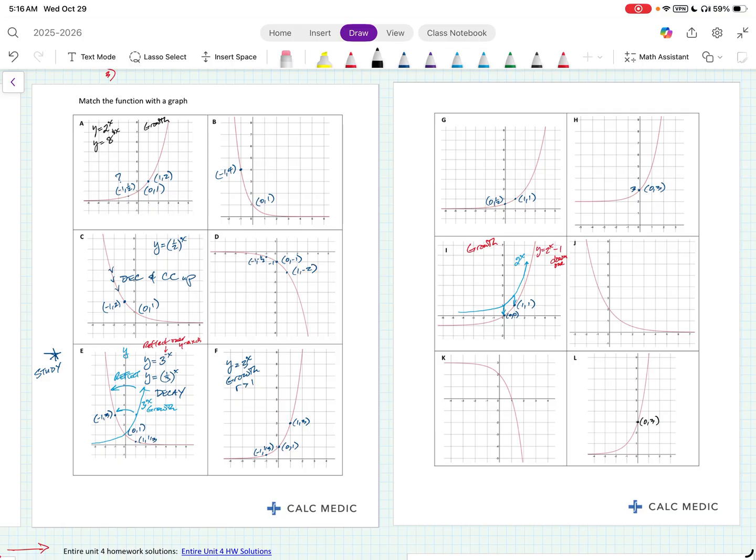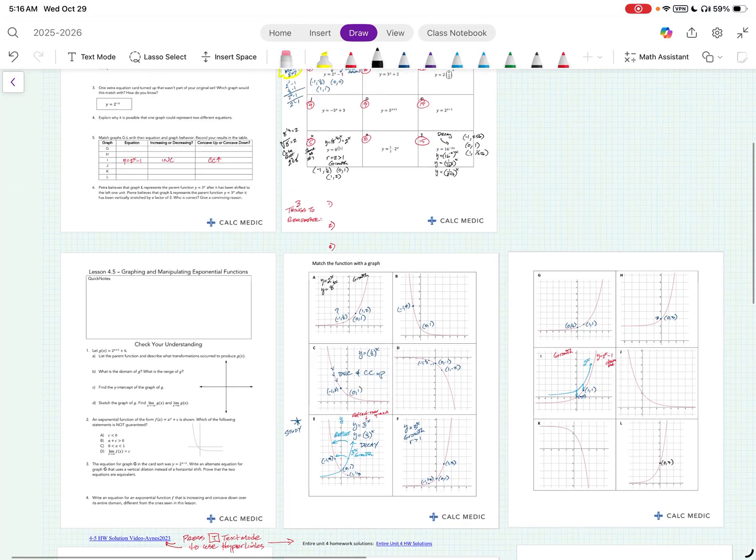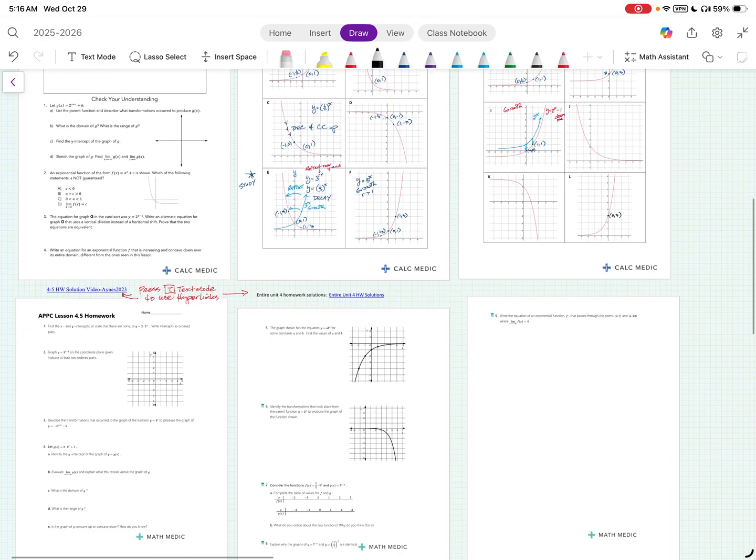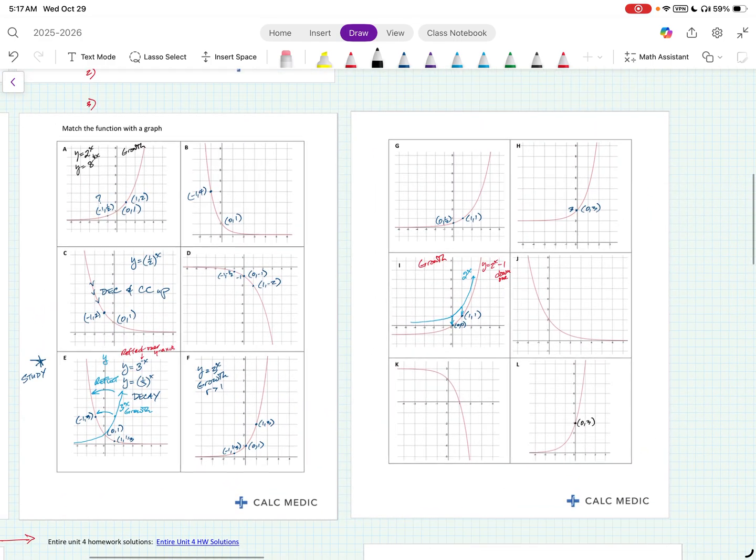Well, that can happen. So there's 15 functions, and I guess some have multiple representations.